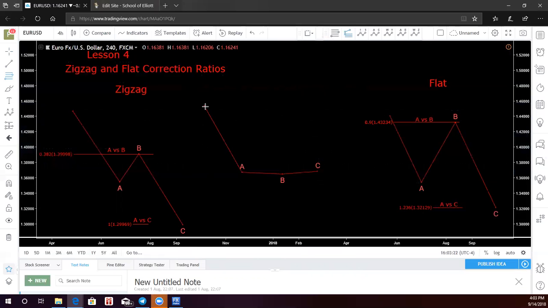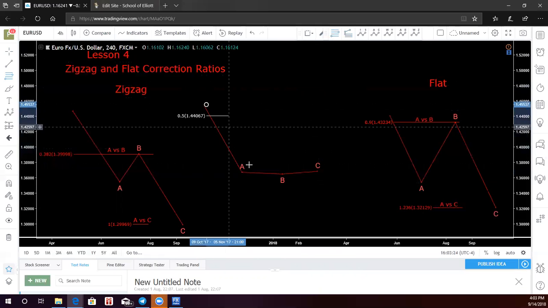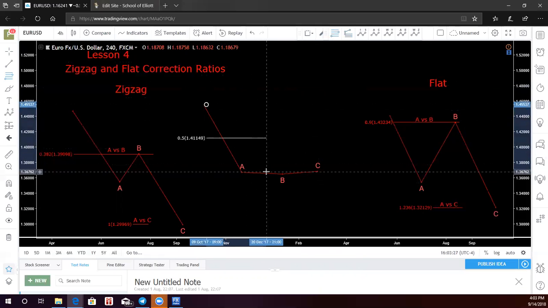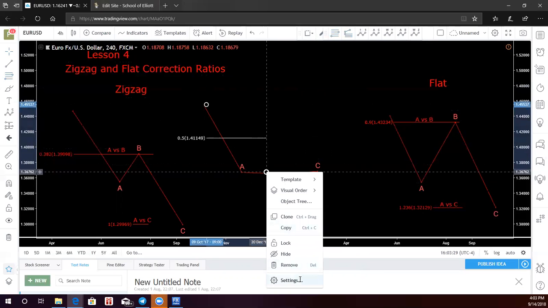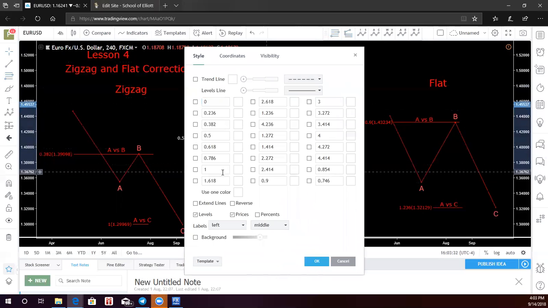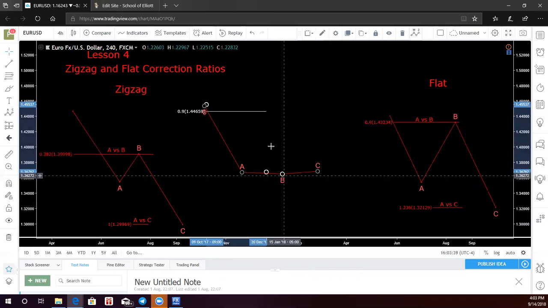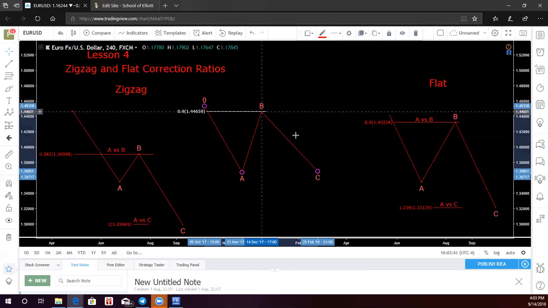To figure out B, again, we're going to use a retracement from the beginning of A to the end of A. Go ahead and fix our ratios. The ratio we want to look for mainly is the 90% of A, so B will end there.